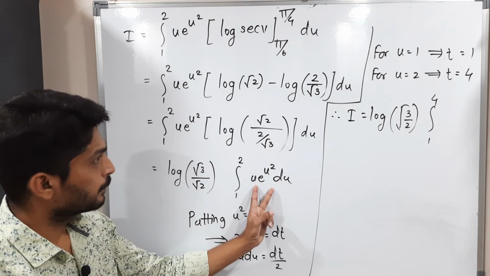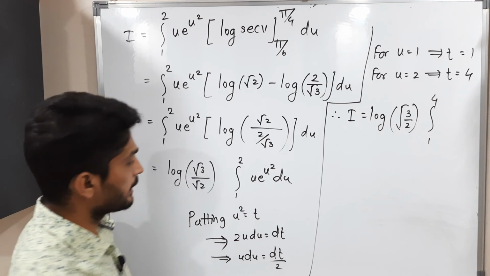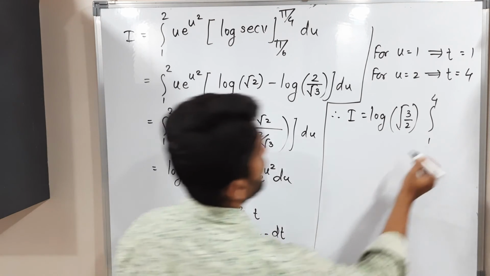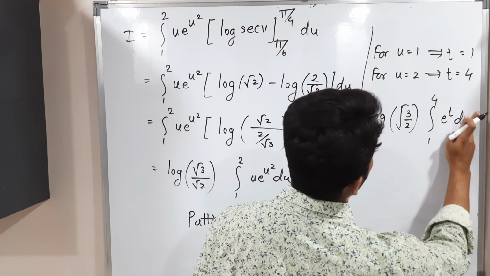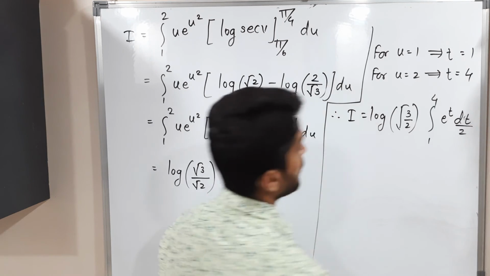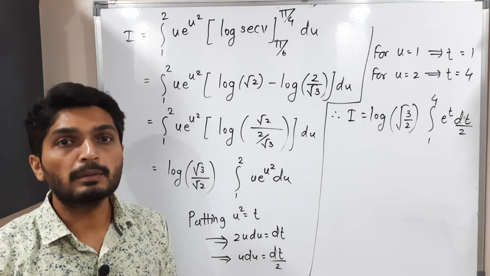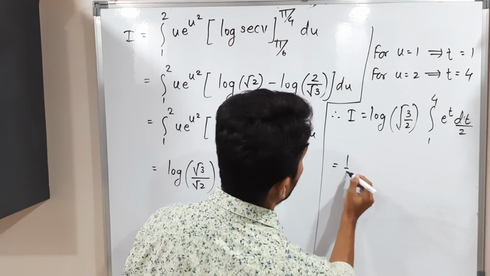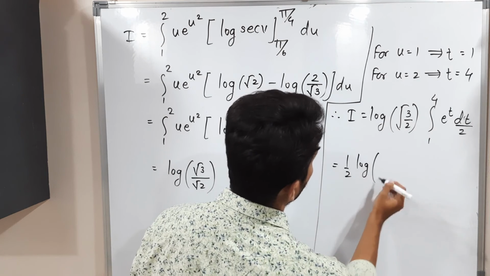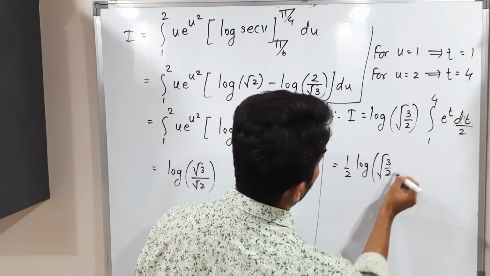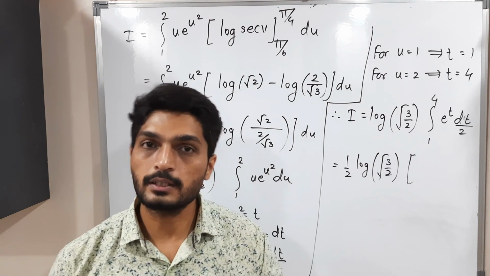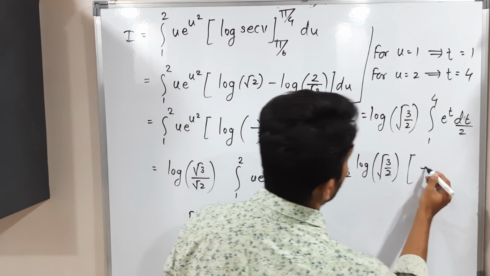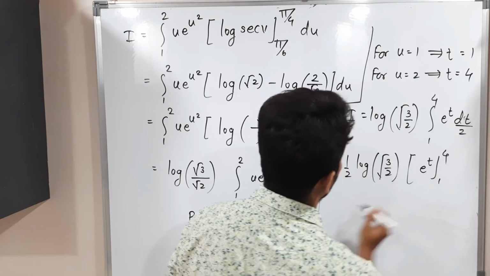U du, we replace them by dt by 2, and u square means t. So e raised to t dt by 2. Okay, so that 1 by 2 is a constant, it will come outside. So this is equal to 1 by 2 log root 3 by 2. You know that integration of e raised to t is simply e raised to t, from 1 to 4.